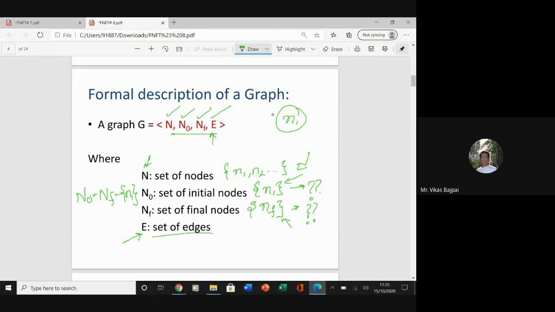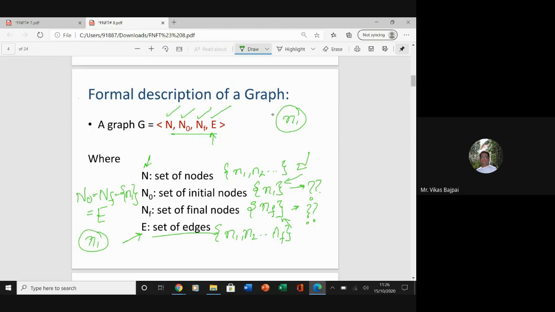So for this particular single-node case, E is empty as well. That's the only thing which we have, right? That means a single node. Or else I can have multiple nodes from N1 to N2 till NF. This will be the final set.